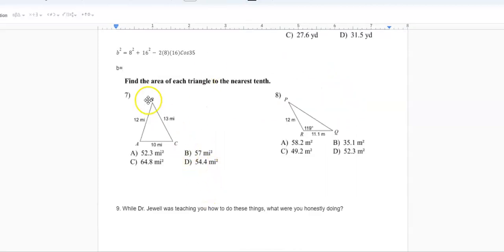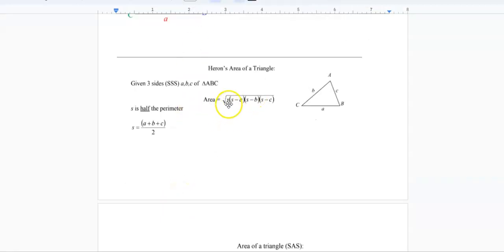S is adding these 3 numbers together and dividing that by 2. That turns into 17.5, and that's the S you use in 7. You go back to this formula, with 17.5, and a, b, and c are the 3 other numbers you're given.